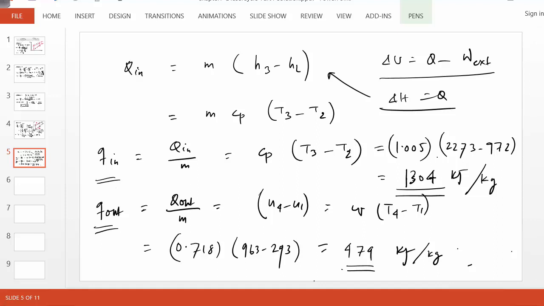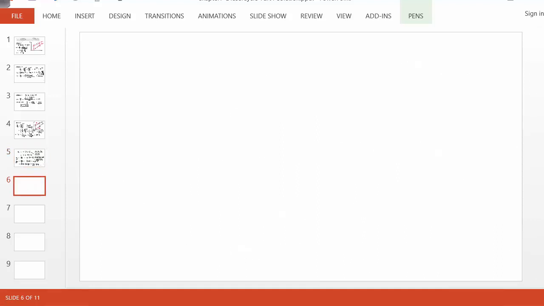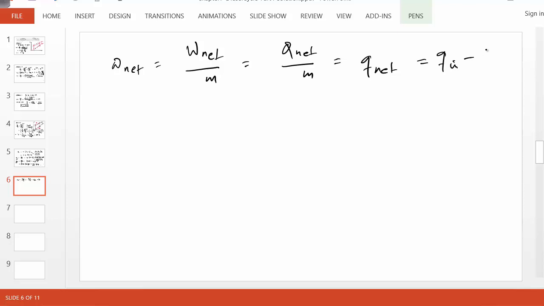So now that we know Q in and Q out, small w net equals capital W net by M, which is Q net, Q in minus Q out, which if you substitute, you can show it's about 825 kilojoule per kg.